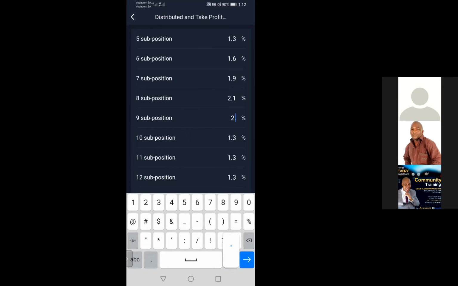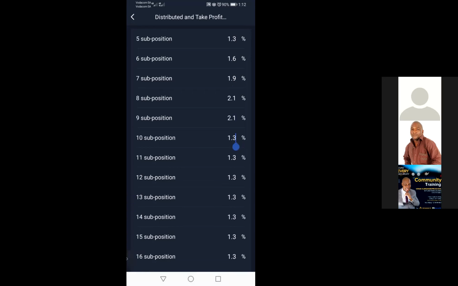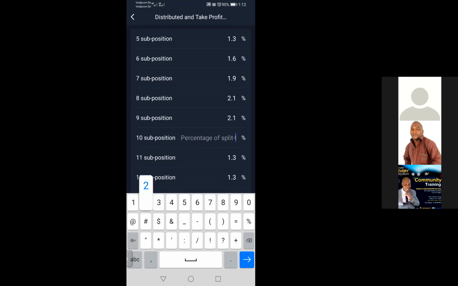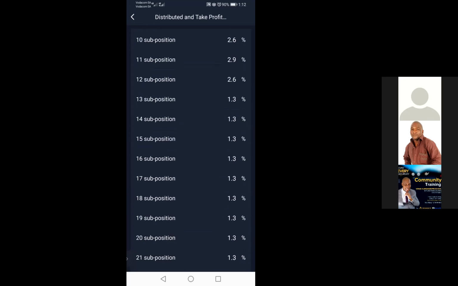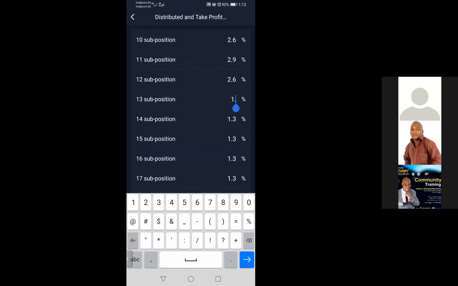2.1. And then 10 is 2.6. 11 is 2.9. 12 is 2.6 again. And then 13 is 6. 14 is 9.